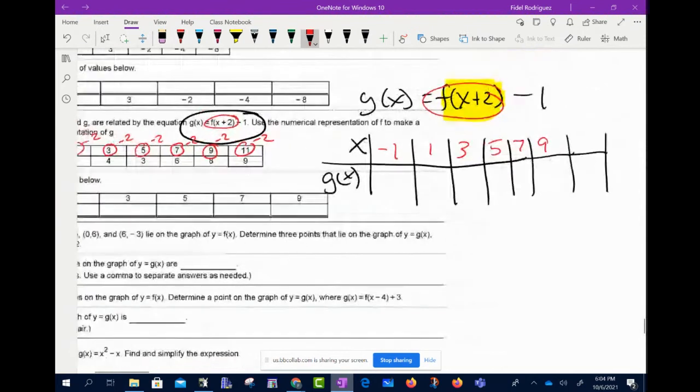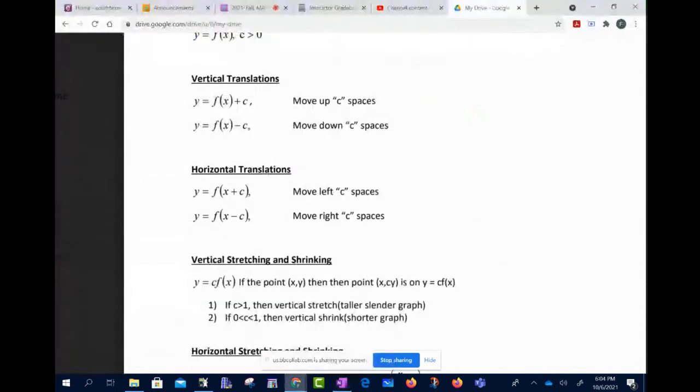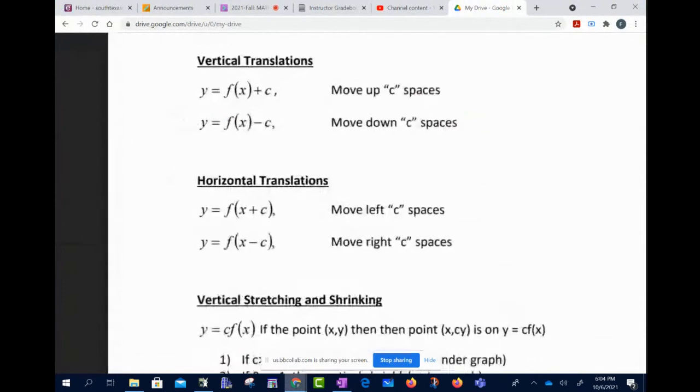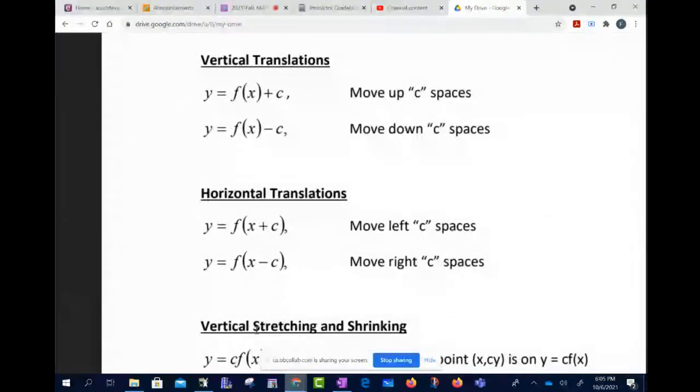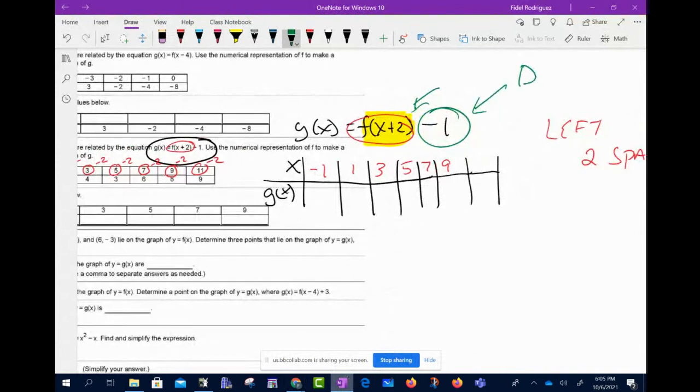Okay. Now, I'm going to look at this part down here. See how I have that minus 1, and that minus 1 is outside those parentheses. It's not inside the parentheses, it's outside of it. So if I come back to my formula sheet, if I have a minus that's outside, that's telling me that my graph is going to move down c spaces. In this case, my graph is going to move down 1 space, right?